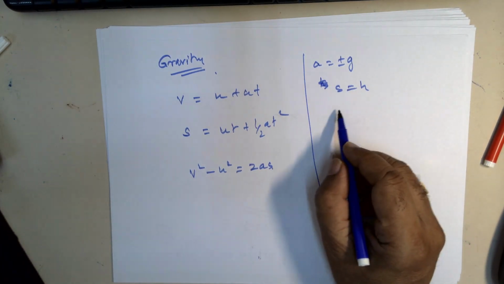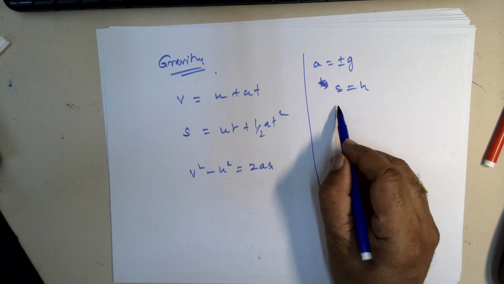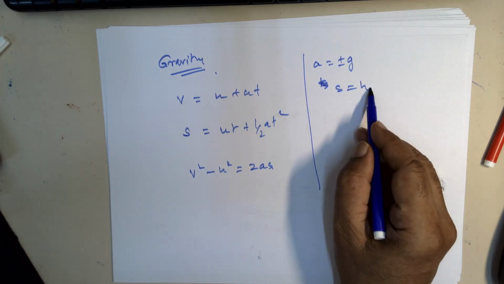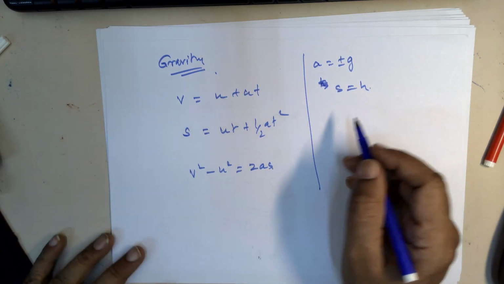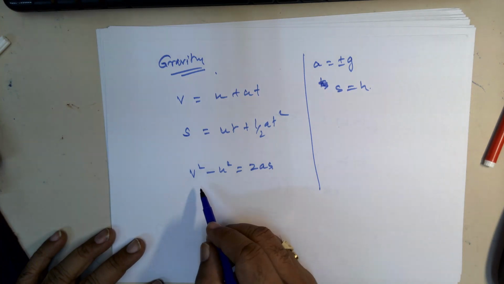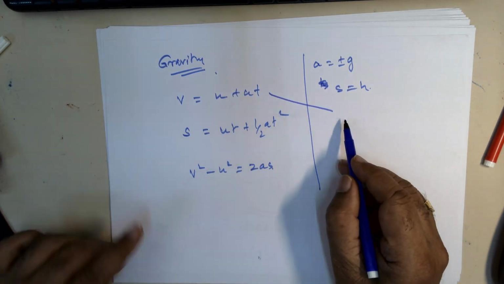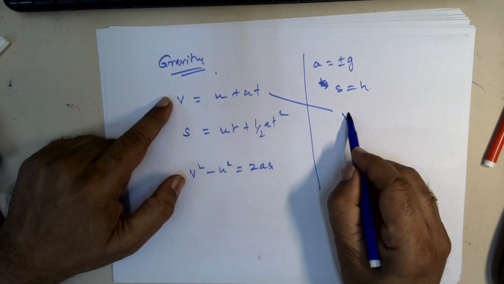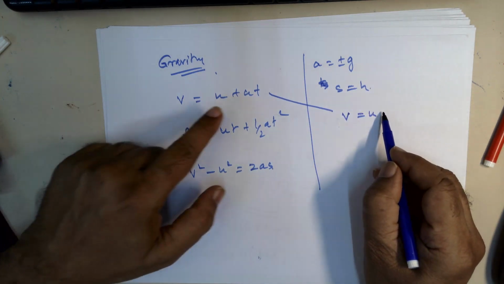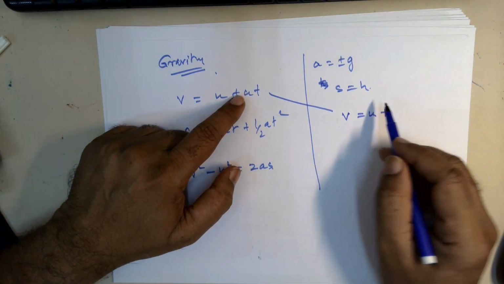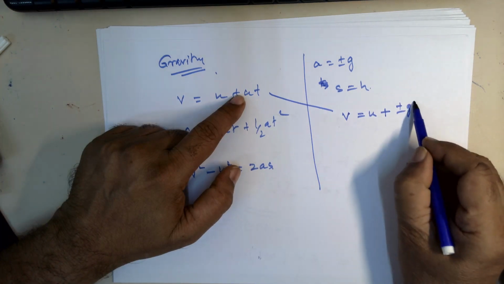Now instead of a, you can put plus or minus g, so v is equal to u plus or minus g into t.